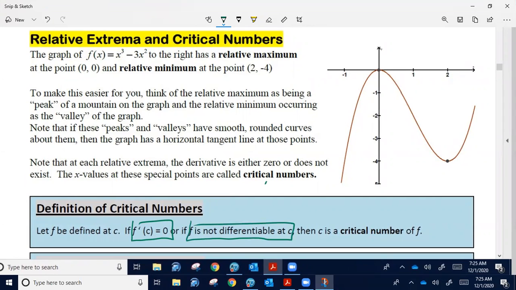So again, a critical number means derivative equal to 0 or derivative is undefined. And it's critically important, pun intended, that you understand this and you know this. If you're asked to find a critical number, that means your derivative is 0 or your derivative is undefined.